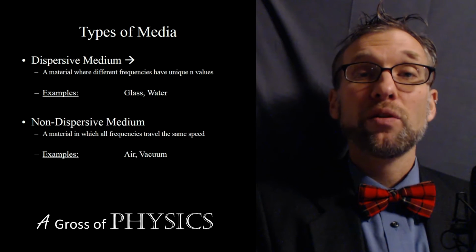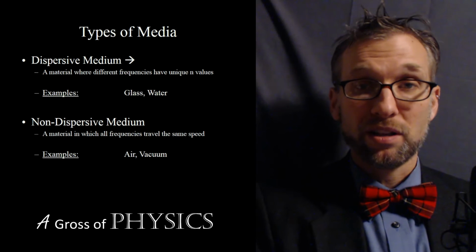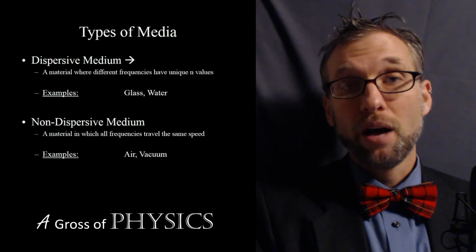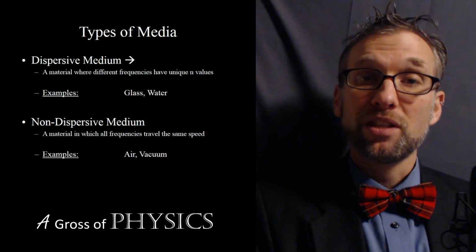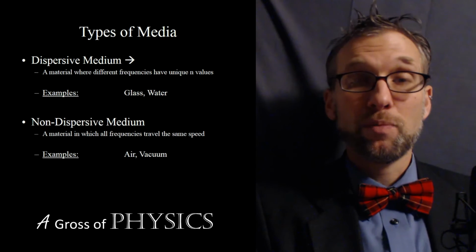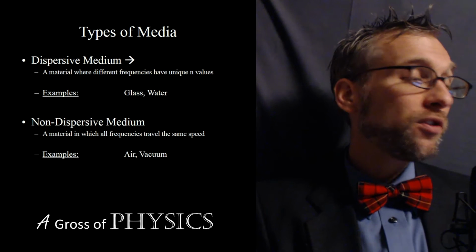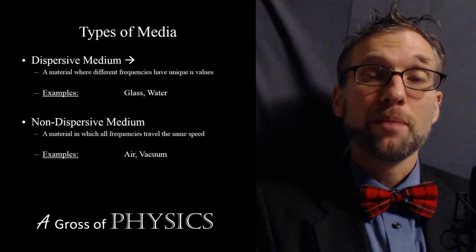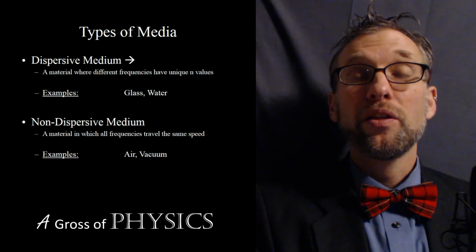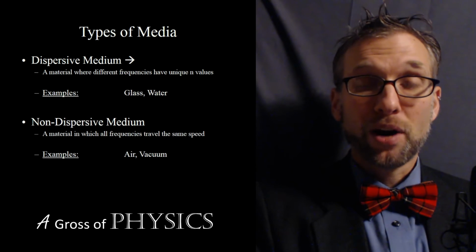So you have some materials where all light travels at the same speed, for example, air or the vacuum of space, and then we have dispersive materials where light travels at different speeds. If you have a dispersive material such as glass or water or plastic, you could actually break apart the light into its component colors. So a prism works by that process.